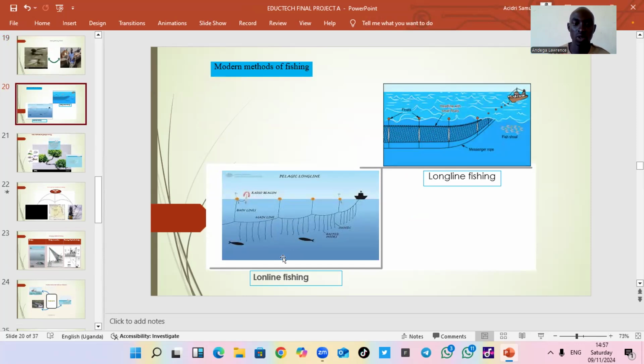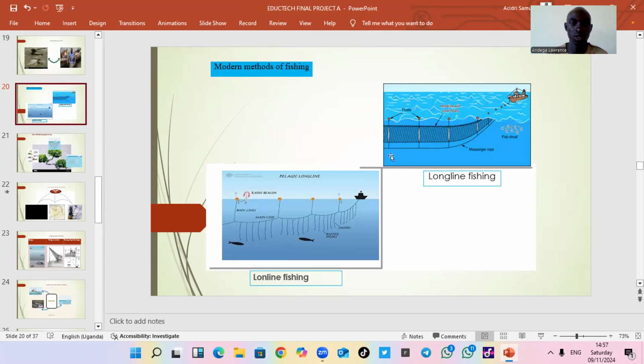And then in due course, baits are always there and the fish try to eat the baits that have already been placed, maybe with the help of hooks, and in due course, they get attracted and caught. So it is another method.